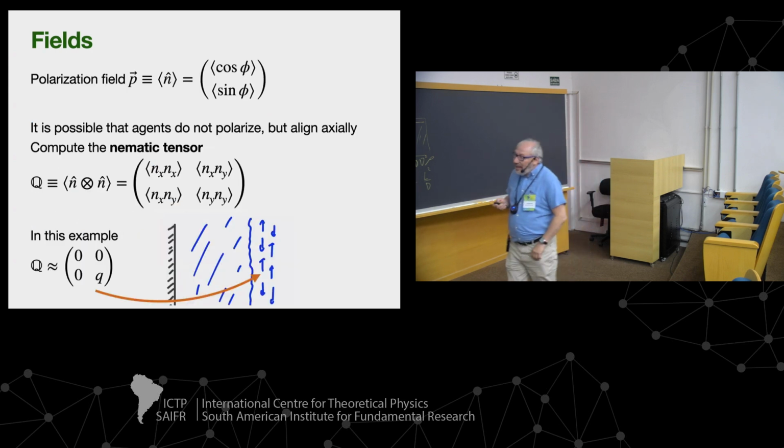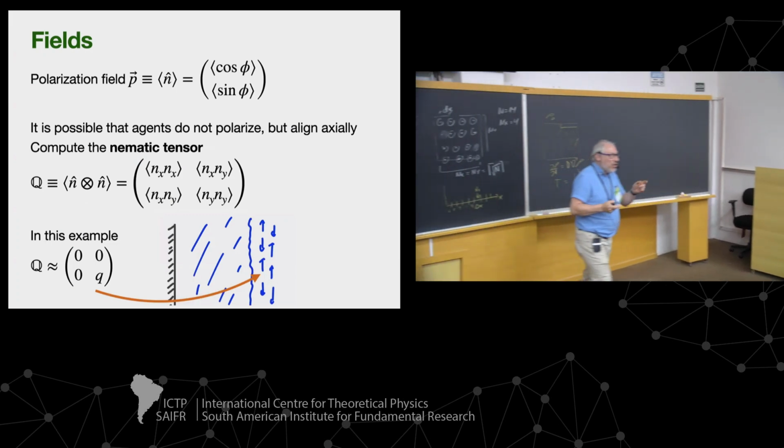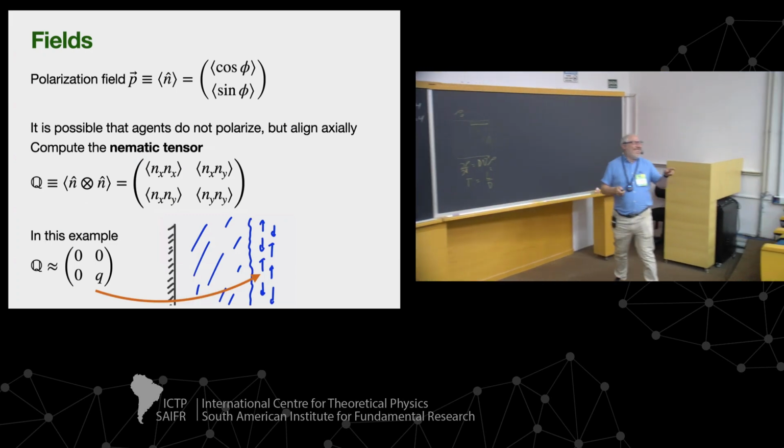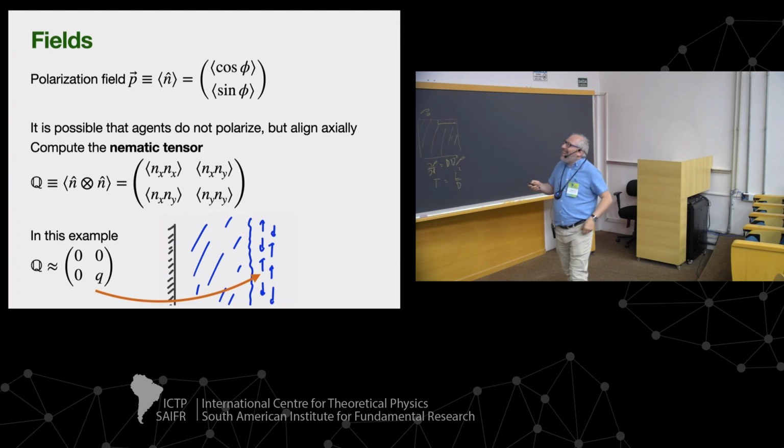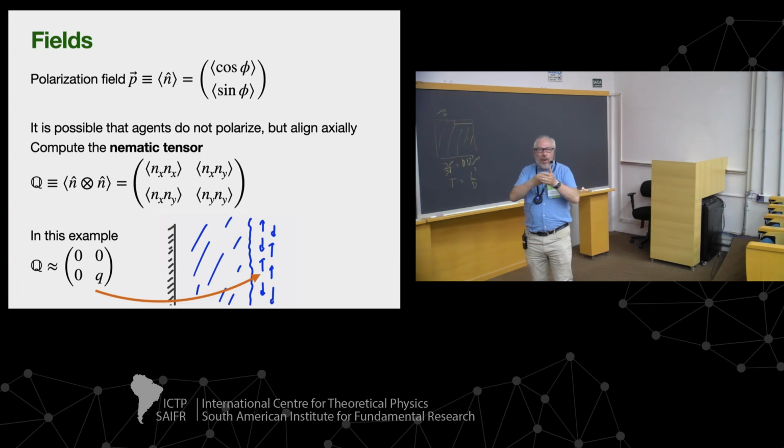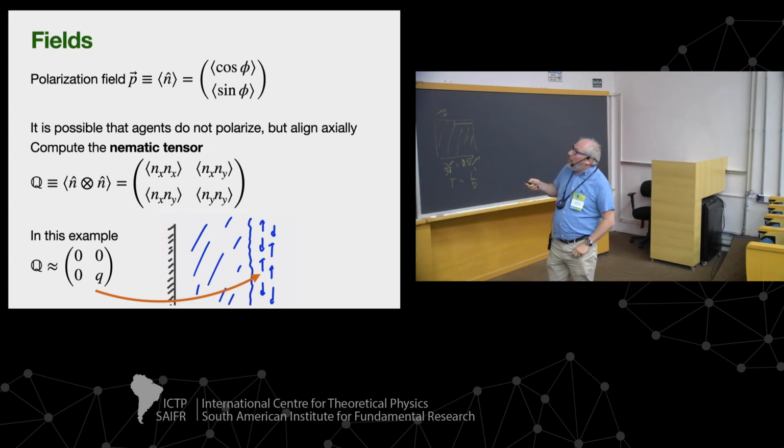Okay, but it is possible, as you're going to see in Pablo's poster on Thursday, that when you have a thick wall, like in the case we were seeing in the video, particles accumulate like a thick wall, but just outside the wall, outside the film, particles move in a nematic way.